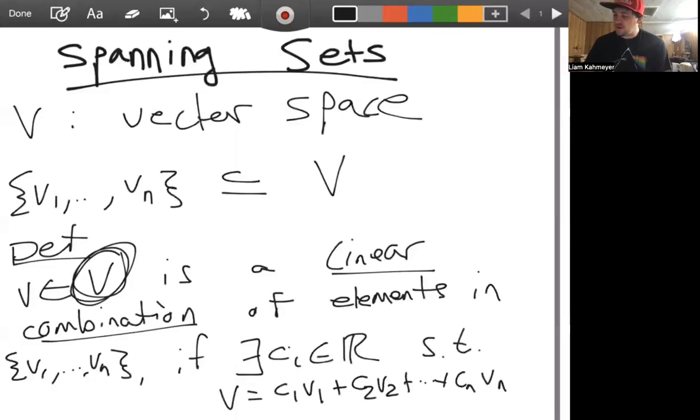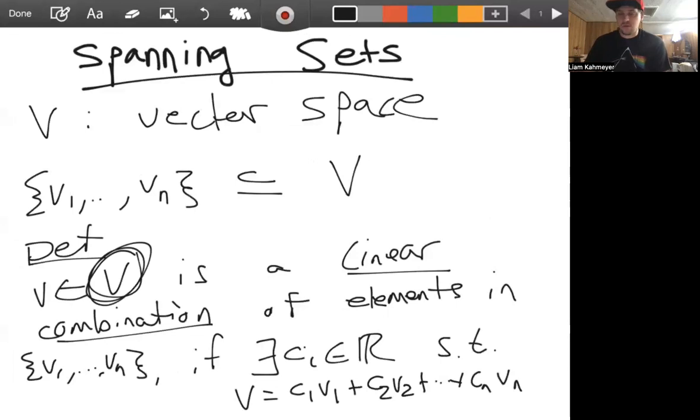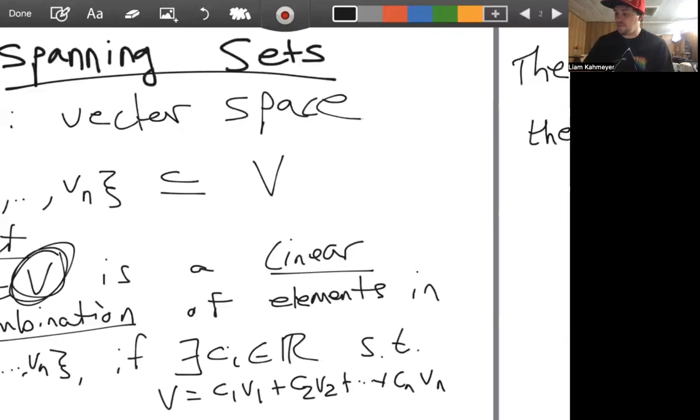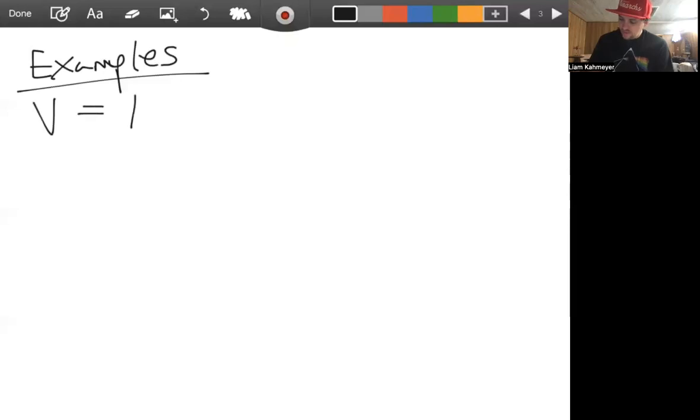And what's most important here is, of course, that we understand the definitions, but also that we can see some examples for vector spaces that aren't necessarily Rn, right? So let's look at some examples here. Let's say V is going to be the vector space M22, which, remember, is all 2x2 matrices.